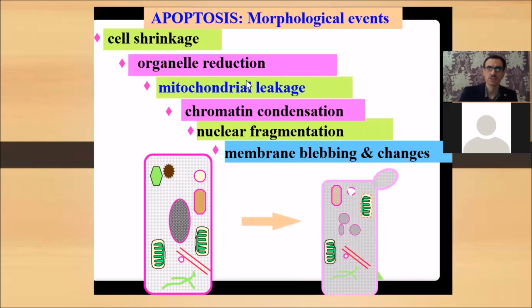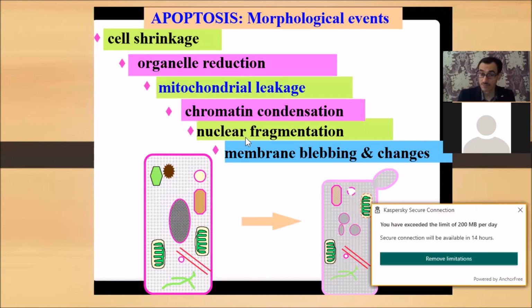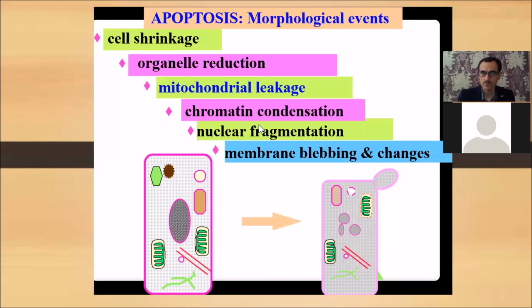First, the shrinkage of cells, the reduction of the number of organelles, damage of the mitochondria, leakage, the condensation of the chromatin, fragmentation of the nucleus, and membrane blebbing and change.